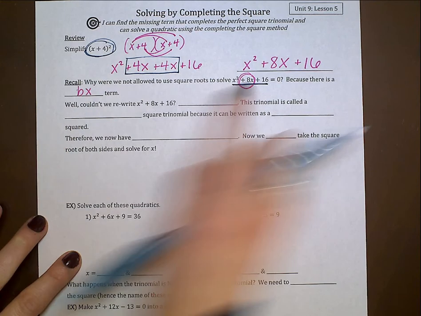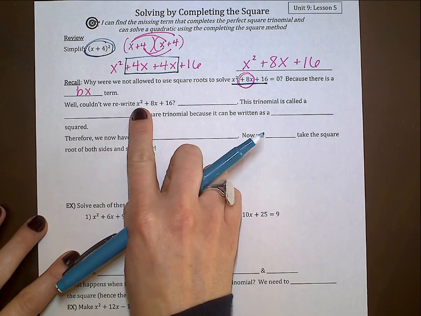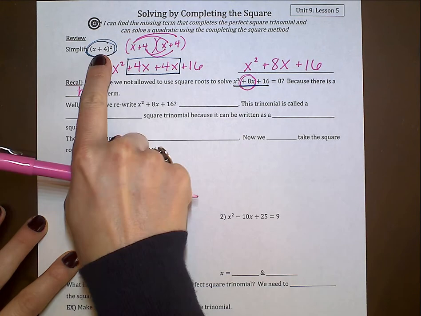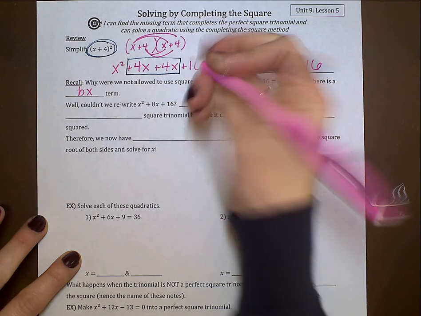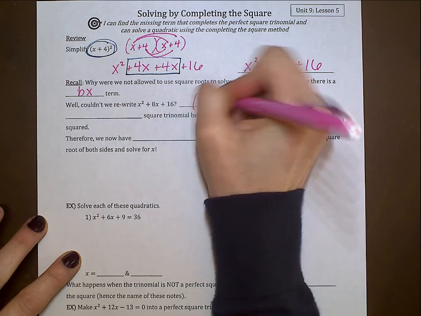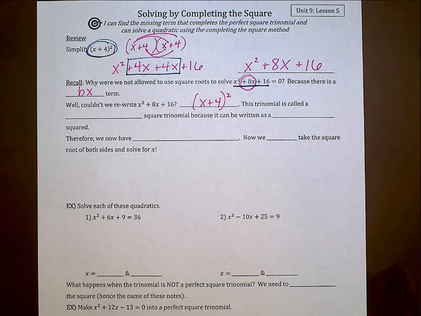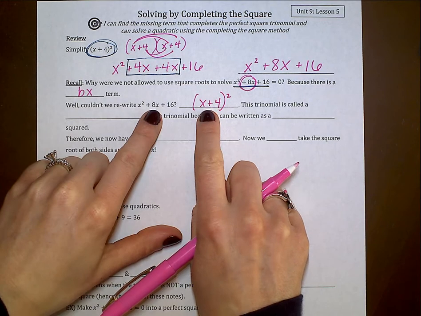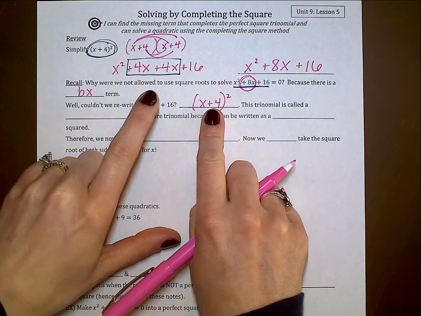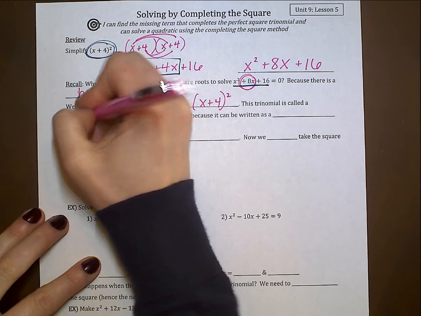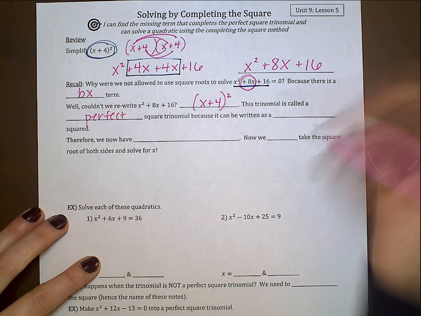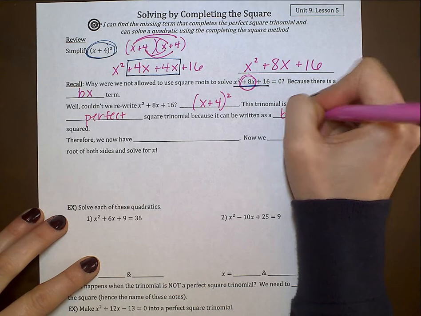I could rewrite this quadratic trinomial, x squared plus 8x plus 16, as x plus 4 squared, because technically those are the same thing. Because I can rewrite this trinomial as this binomial squared, this is called a perfect square trinomial, because it can be rewritten as a binomial squared.